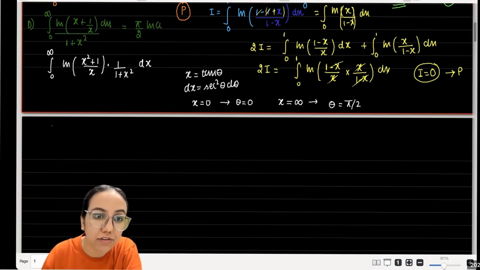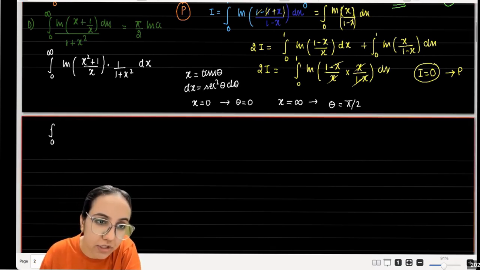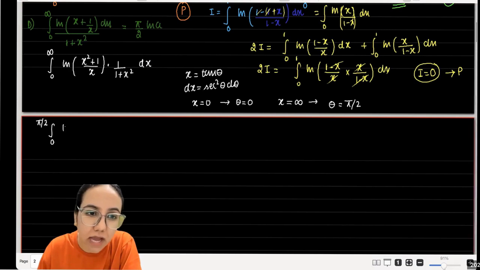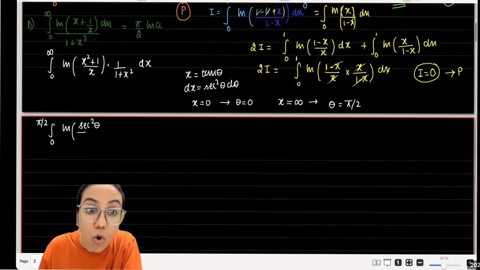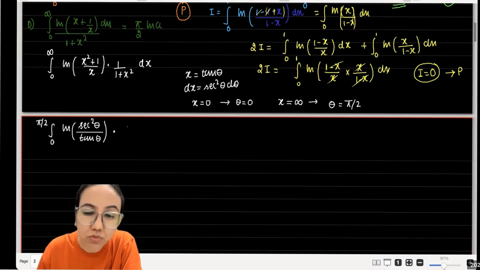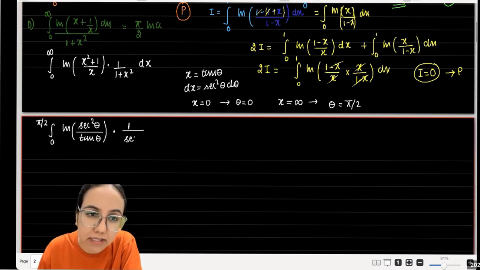That means I can rewrite this as the integration from 0 to pi by 2 of ln of ((1 plus tan square theta) over tan theta), times 1 over (1 plus tan square theta), which is actually secant square theta. Dx can be written as secant square theta d theta.